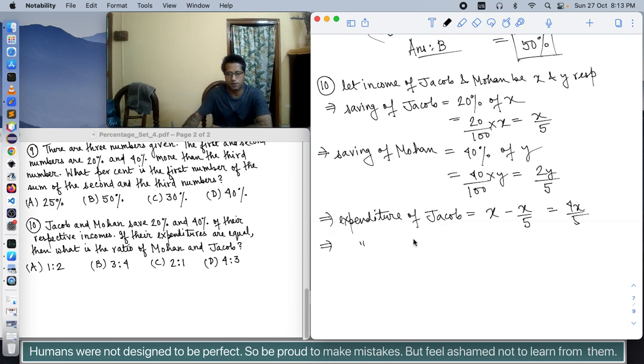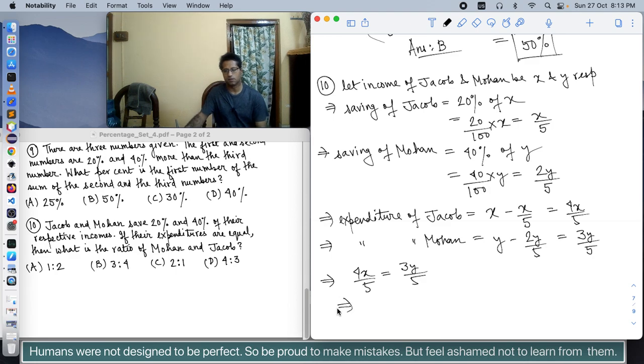Similarly, the expenditure of Mohan will be equal to his income, that is Y, minus his saving, that is 2Y by 5. So Y minus 2Y by 5 is 3Y by 5, and it is given that the expenditure of both Mohan and Jacob are equal. So it means 4X by 5 is equal to 3Y by 5.